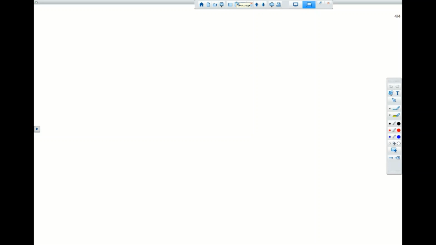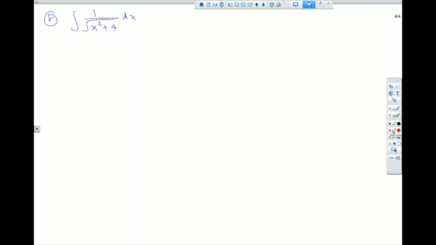So let's do number 8. I'm going to do this problem. This is a problem that needs a trig sub. So it is the integral of 1 over the square root of x squared plus 4 dx. So this is a trig sub problem. We know that there are 3 common trig subs, but for this kind of problem, when you have x squared plus 4, you're going to go with a tan theta, where a equals 2.